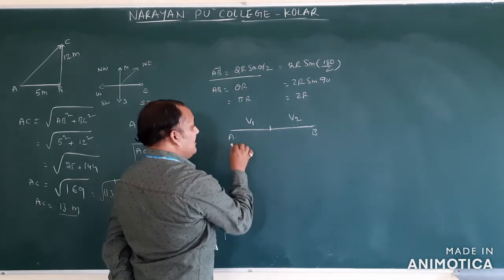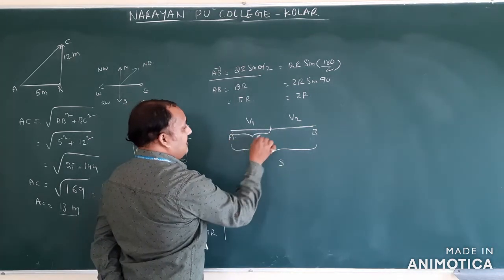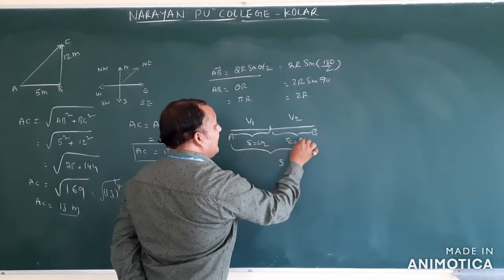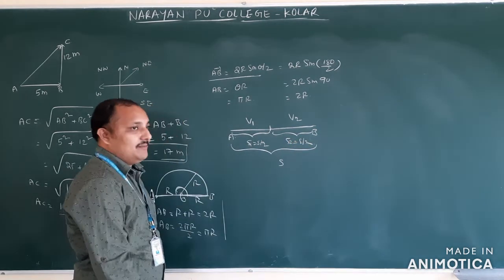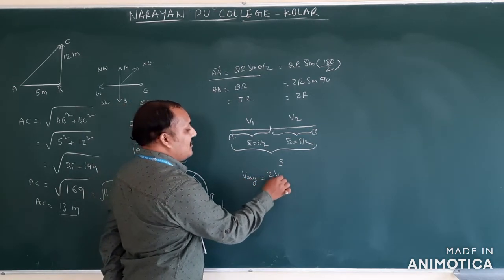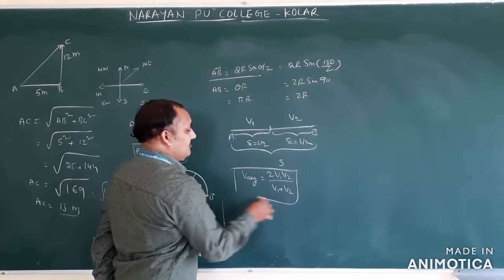Total distance how much? We assumed S there. First half means S1 is equal to S by 2. Second half means S2 is equal to S by 2. Did you remember this formula? What we got: average speed is equal to 2v1 v2 by v1 plus v2.